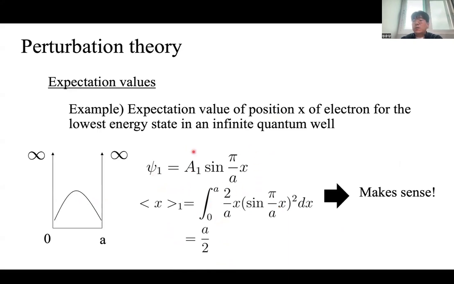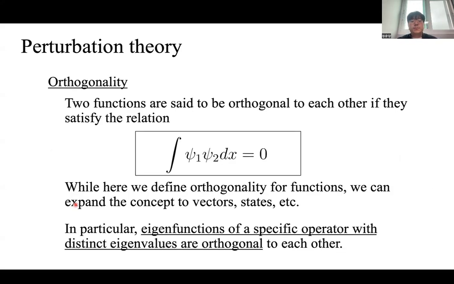Remember, this is the ground state wave function of the electron. So this makes sense because in the middle is where you'd expect the electron to be if I have this quantum well and I'm looking at the ground state. So this is just walking through the concept of expectation values and demonstrating that it actually makes sense if you sit down and calculate it.